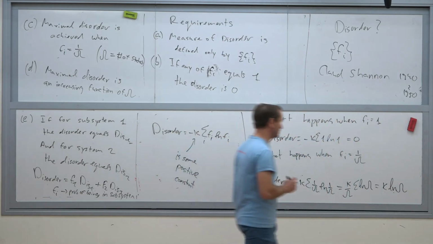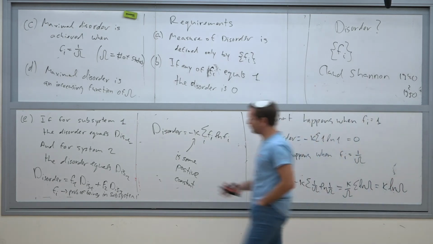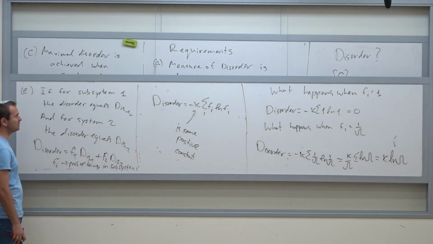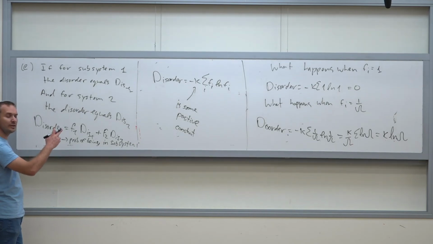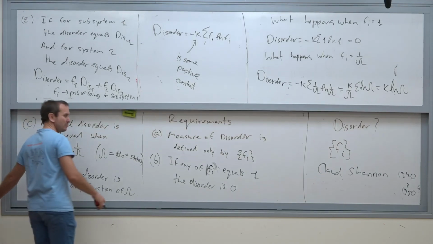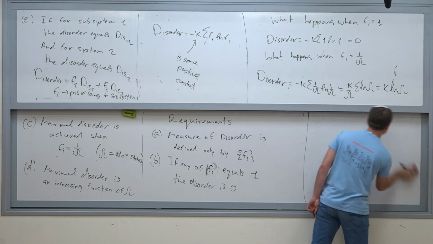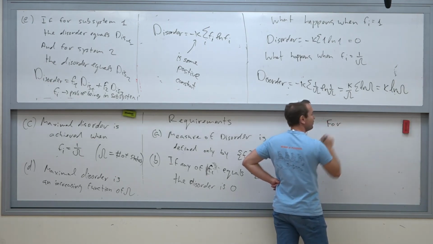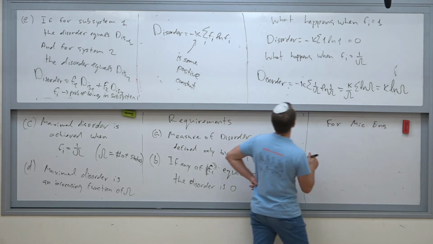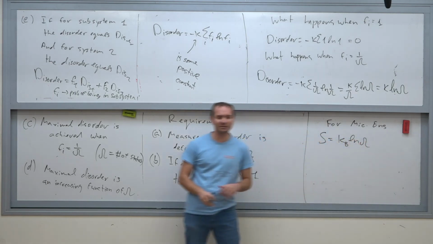This is very interesting. Why? Because we know that for a microcanonical ensemble, the entropy is exactly log of omega multiplied by a very specific constant, the Boltzmann constant. So for a microcanonical ensemble, S equals k Boltzmann log of omega. It's the same omega as the number of states.